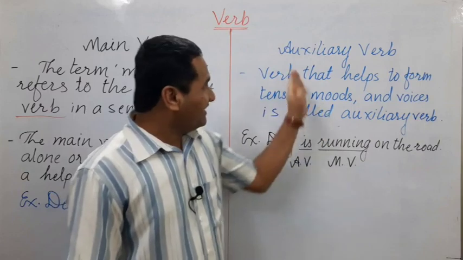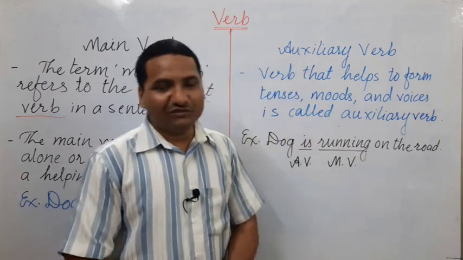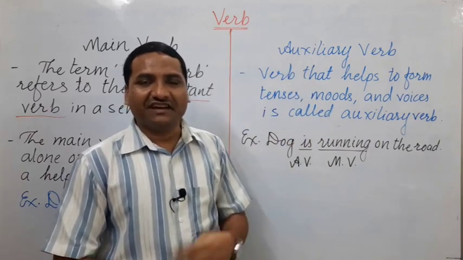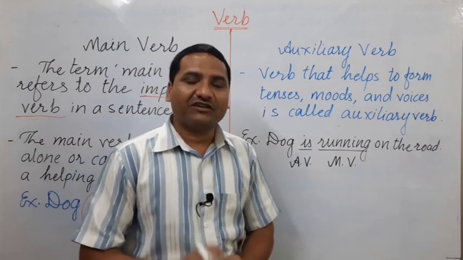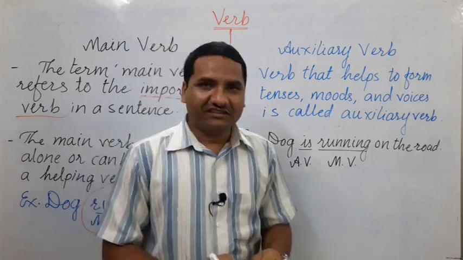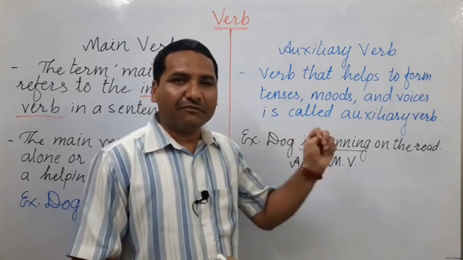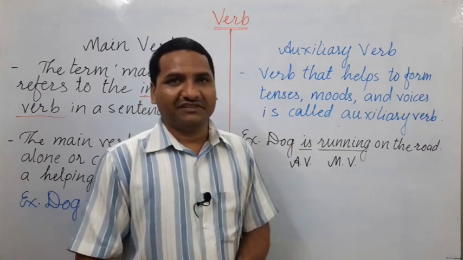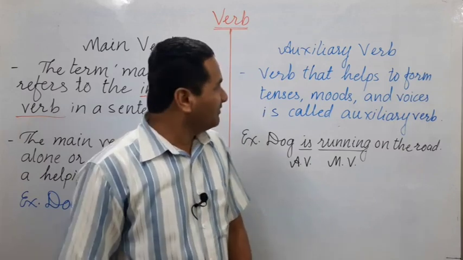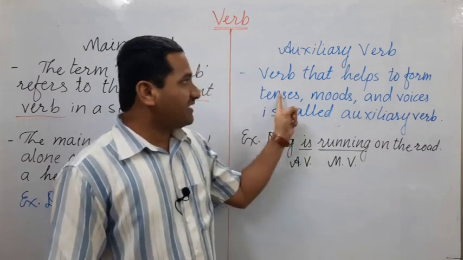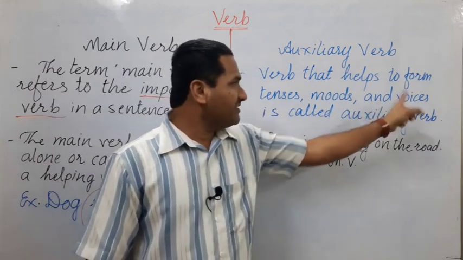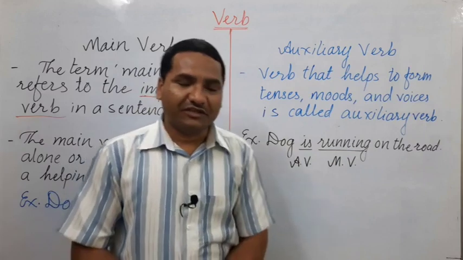Now see the auxiliary verb. Auxiliary verb means सहाय्यकारी क्रियापद. It has another name and another name of auxiliary verb is helping verb. Its name shows us it helps the main verb. That's why it is called helping verb. A verb that helps to form tenses, moods and voices is called auxiliary verb.